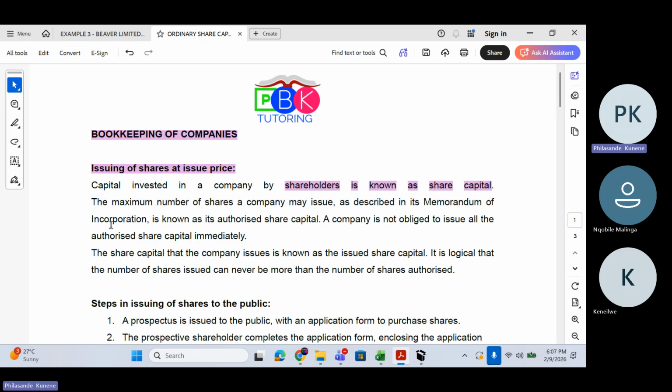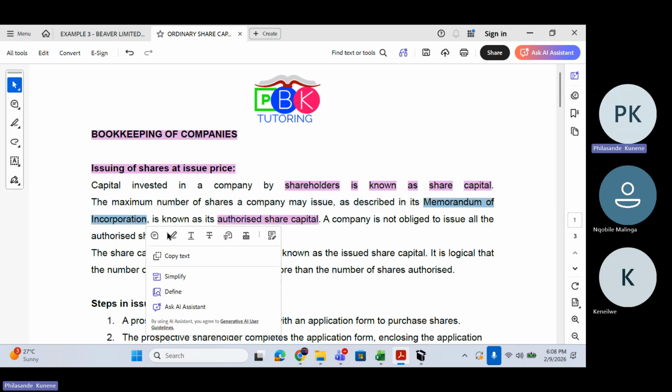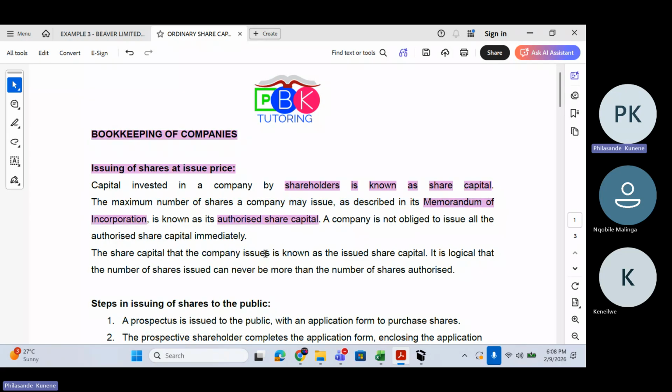And then they're saying here, the maximum number of shares a company may issue as described in its memorandum of incorporation is known as authorized share capital. We spoke about that before. This is stated in the memorandum of incorporation.